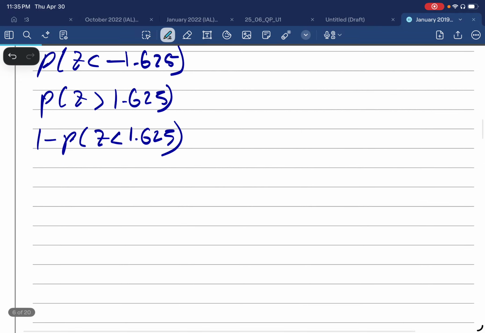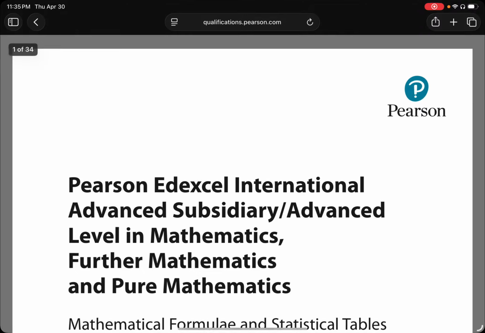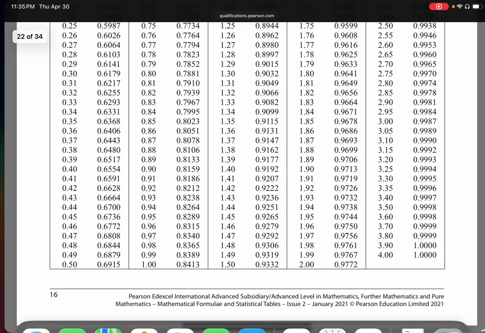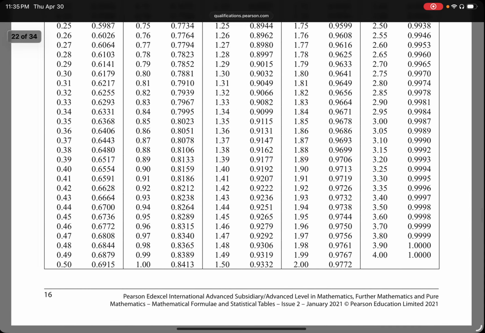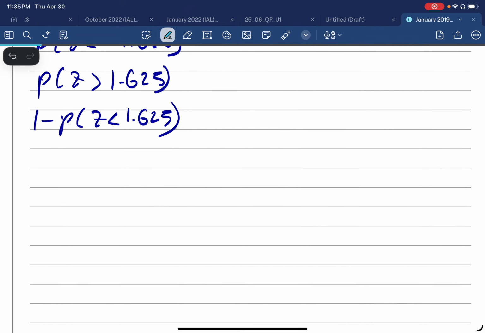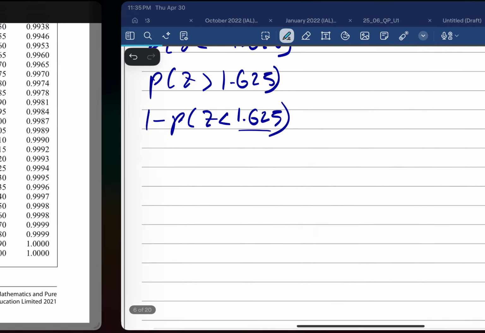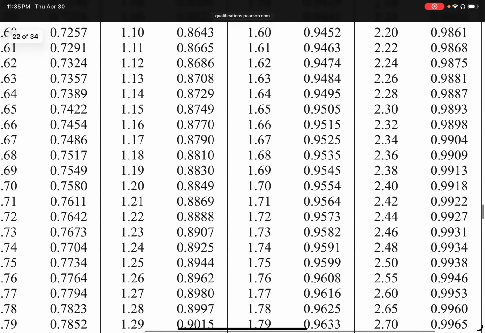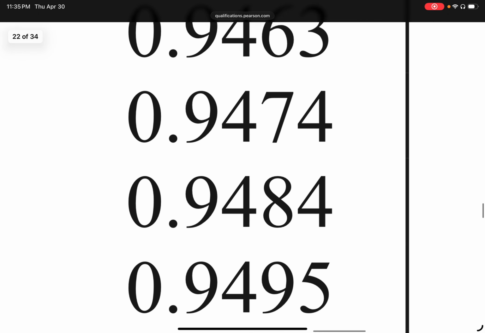So we're going to go to our formula booklet and look for the value 1.625, which is actually 1.63. Where is 1.63? Over here somewhere. There you go, 1.63.